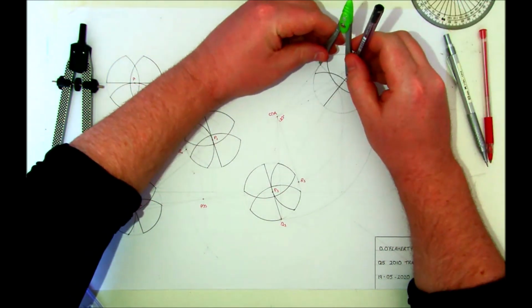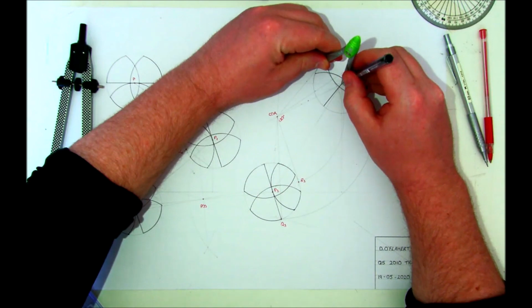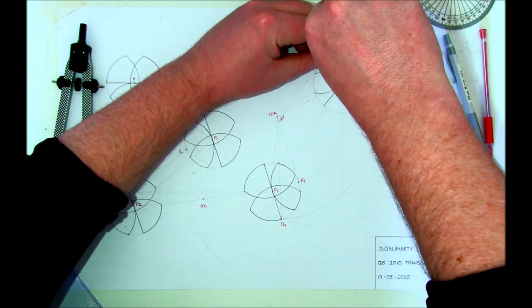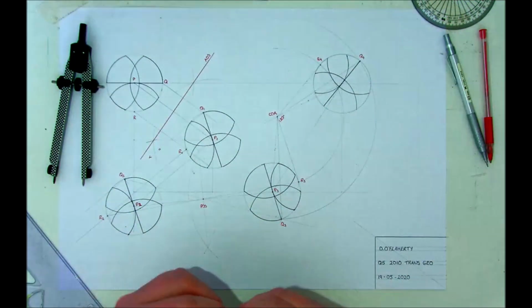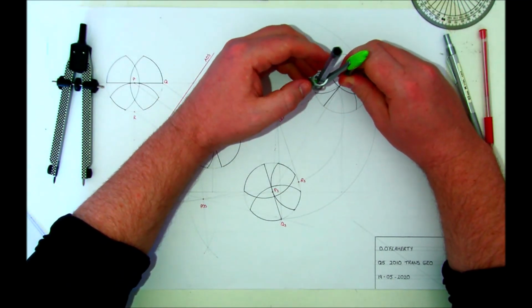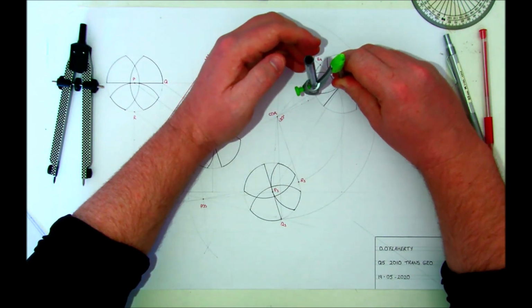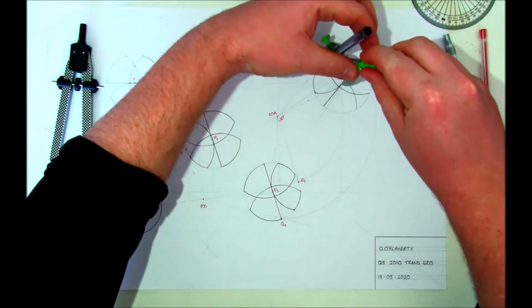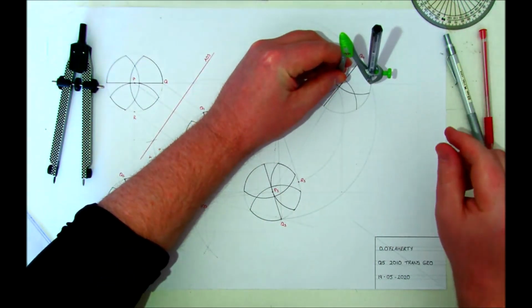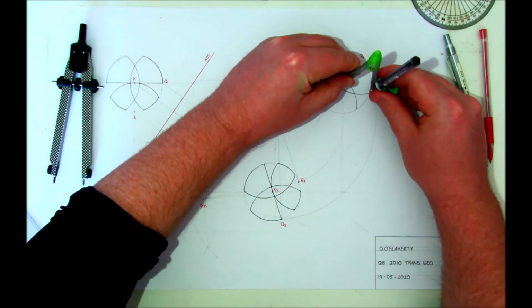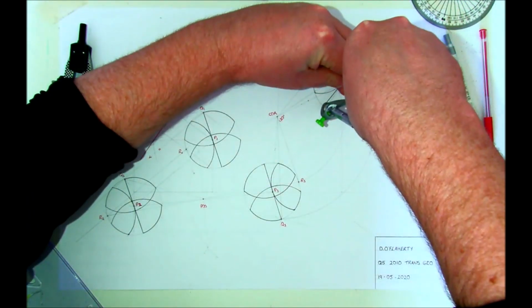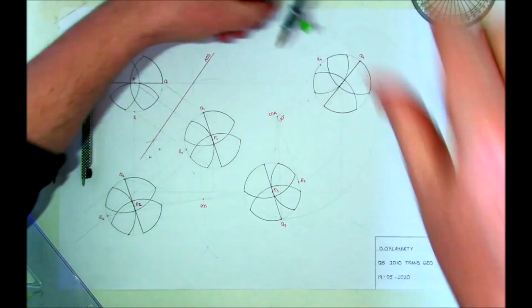Okay, the arc from R to P, there we have that, and then we just finish off with that. Arc going around something like that. Okay.